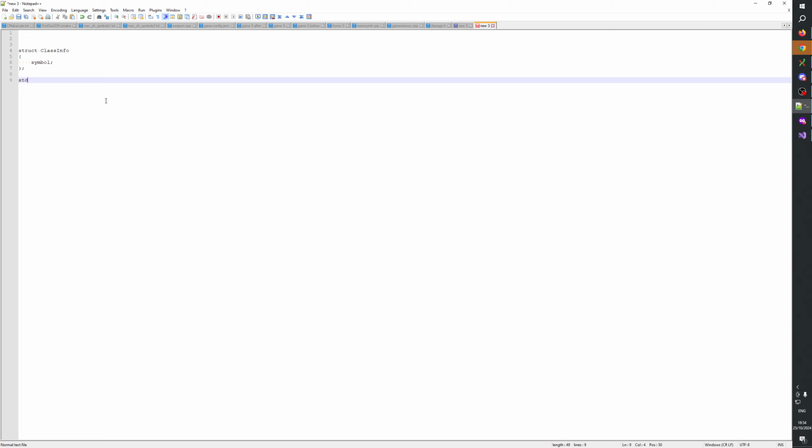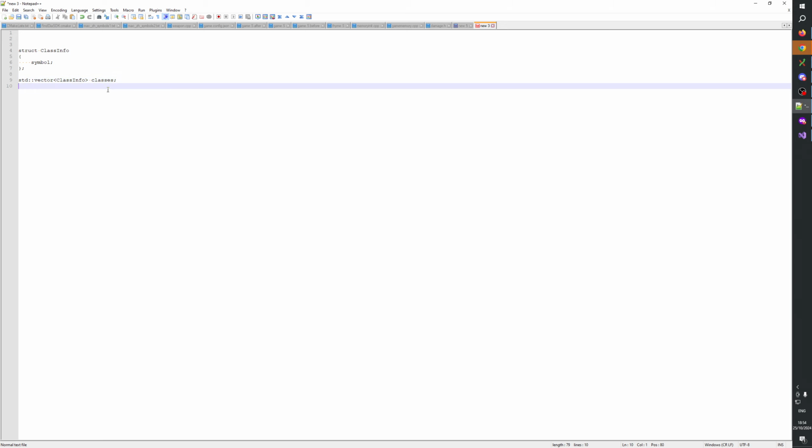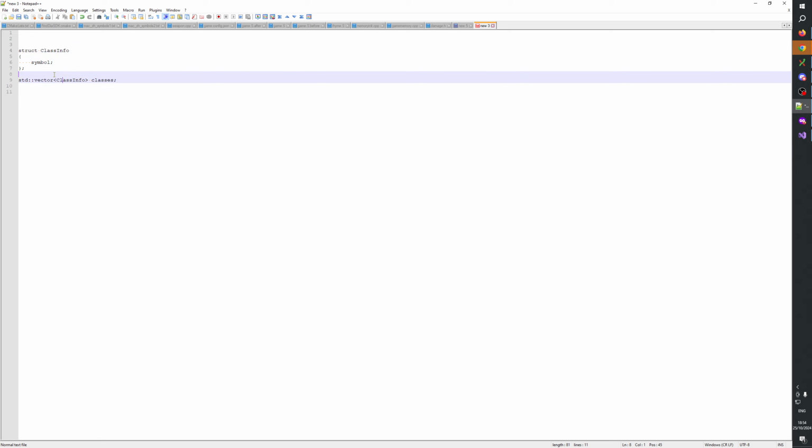So we have std::vector of class info, classes. And let's also say we have std::vector of function info, functions.